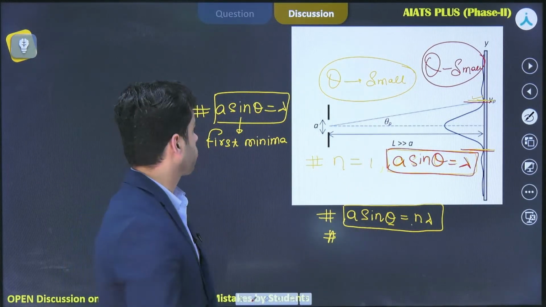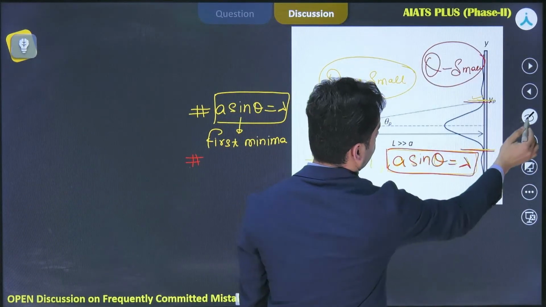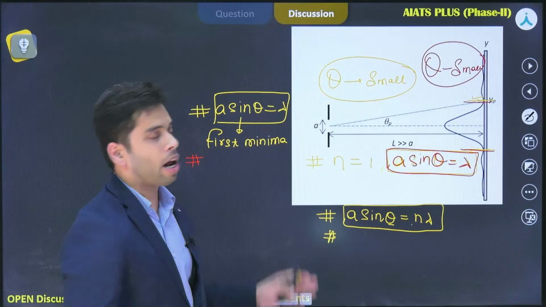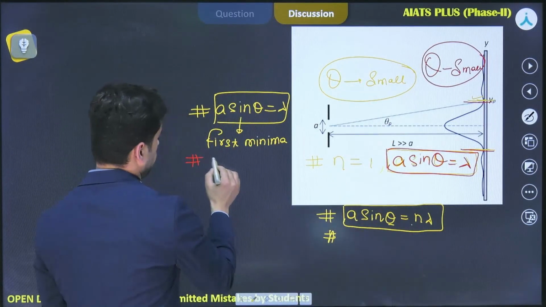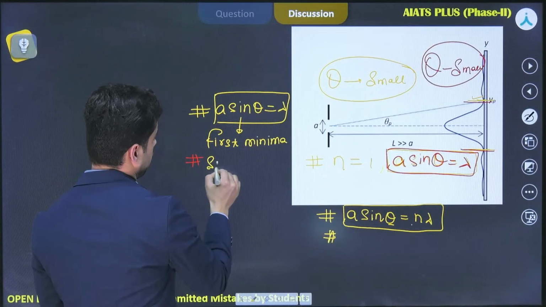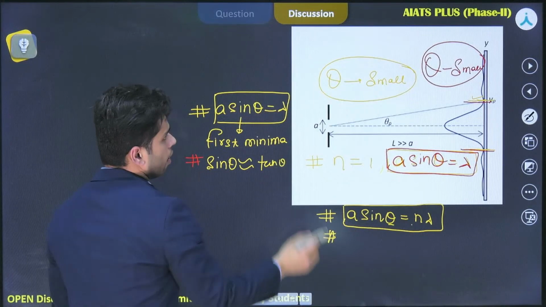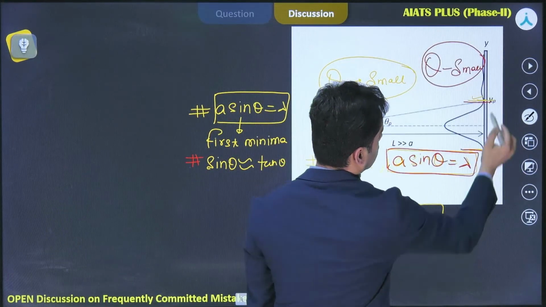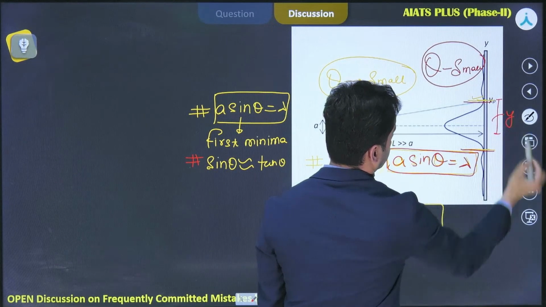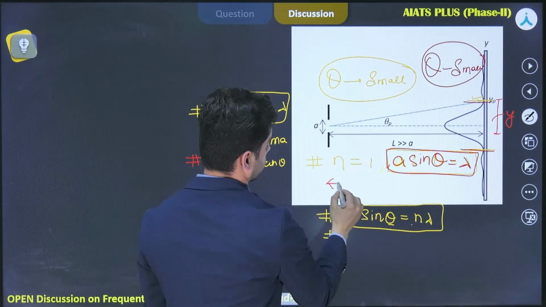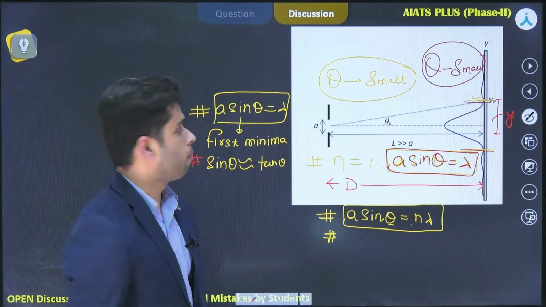Now, a sine theta equal to lambda is the condition for the first minima, and this angle theta is small. So for small angle approximation, sine theta is roughly equal to tan theta, right? And let me take this distance as y, and this distance as d, right?